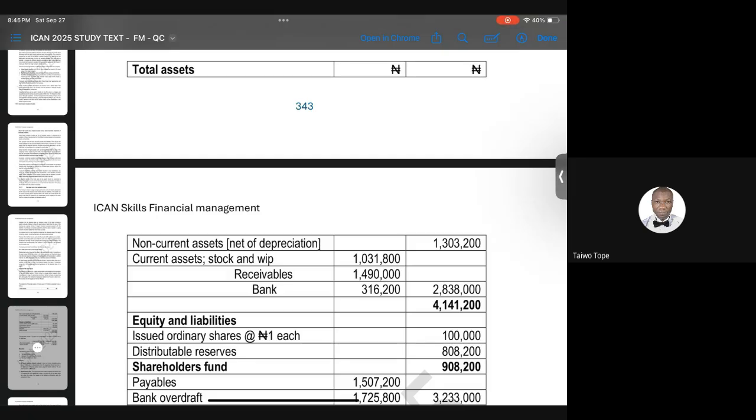So the value of this company is the shareholders' fund, the summation of the ordinary shares and the reserves.